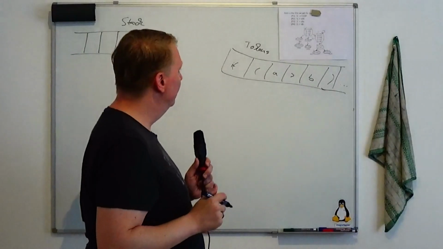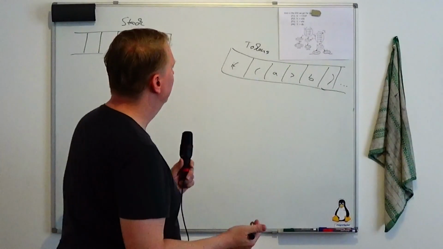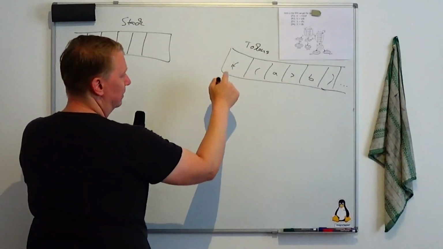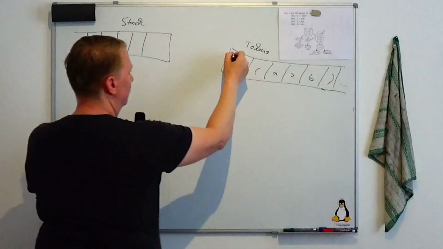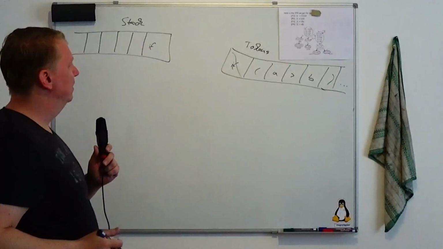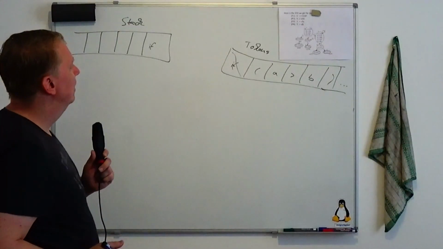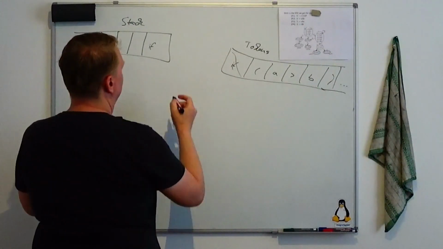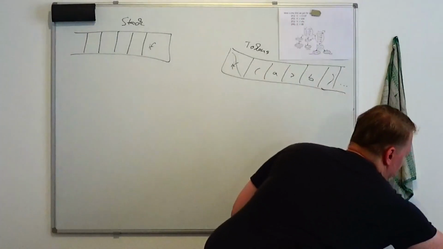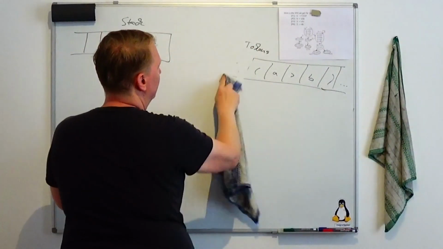And an LR parser now always does one of two things. It either takes something off the token stream and pushes it onto the stack. That would be called a shift operation. Let's say that we have shifted a few things.